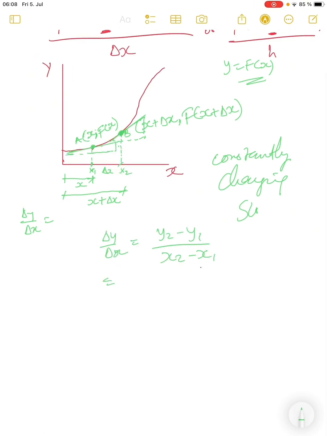This is the same thing as f of x plus delta x minus f of x all over x plus delta x minus x.